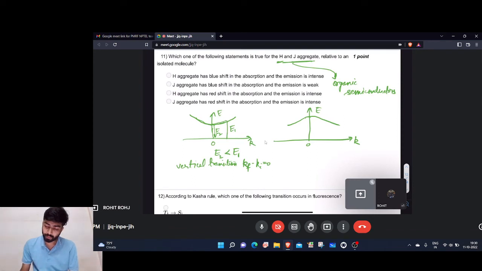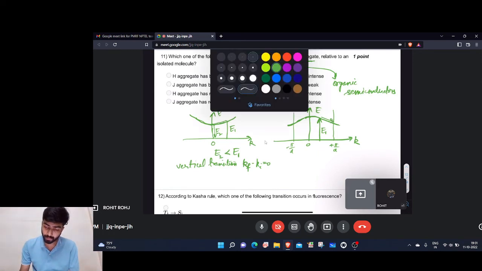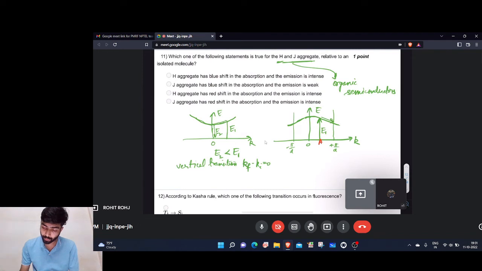But in case of systems where such kind of behavior of energy versus k occurs, let's say we excite the system to this place, a vertical transition giving energy E1. Now in general, let's say this is the Brillouin zone, from minus pi by A to plus pi by A. If the system goes down lower in energy, let's say this point is A point.